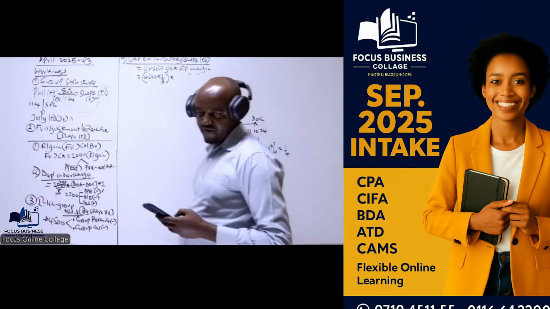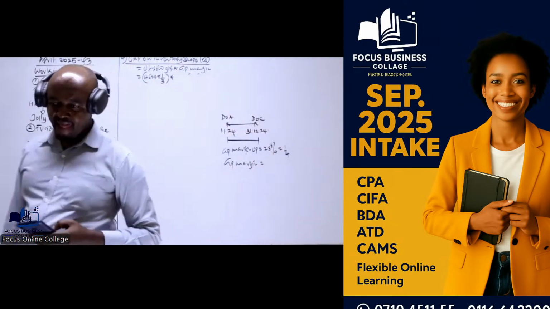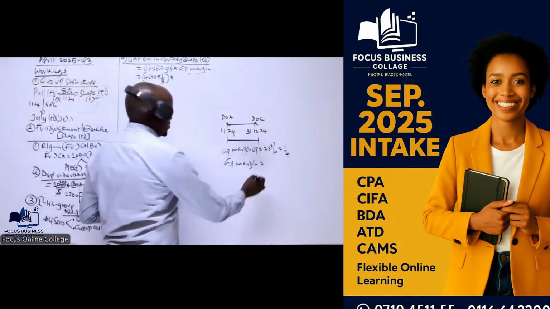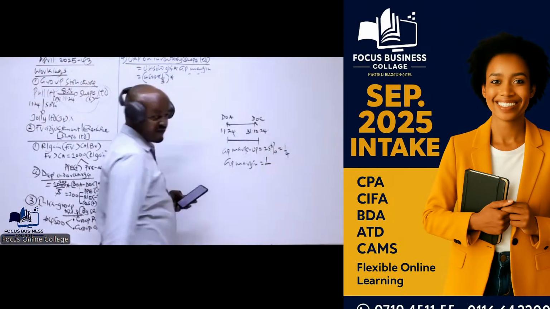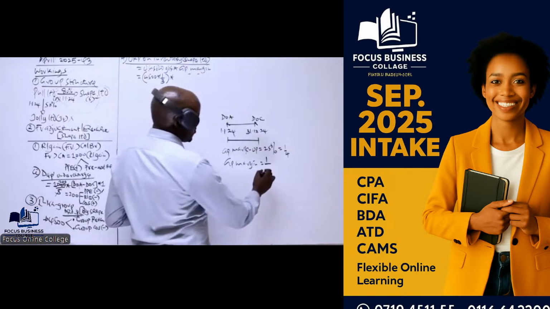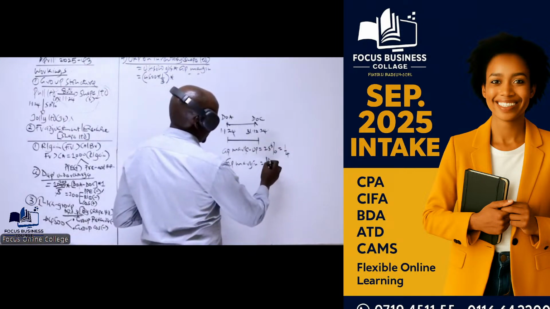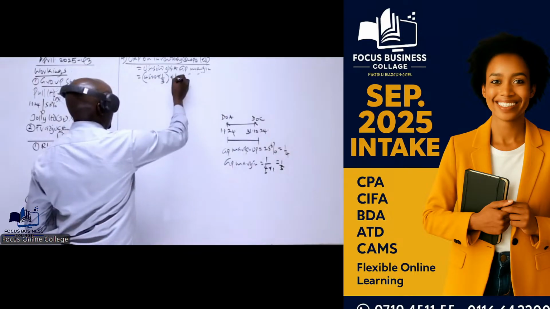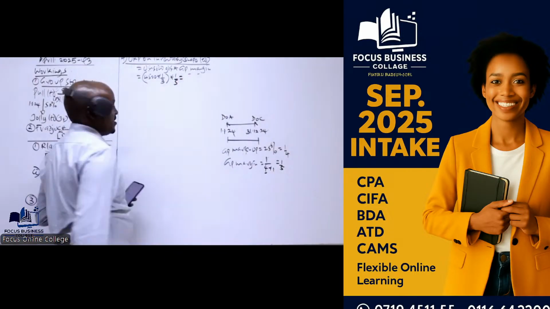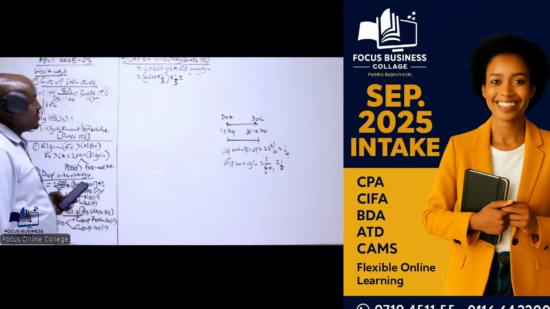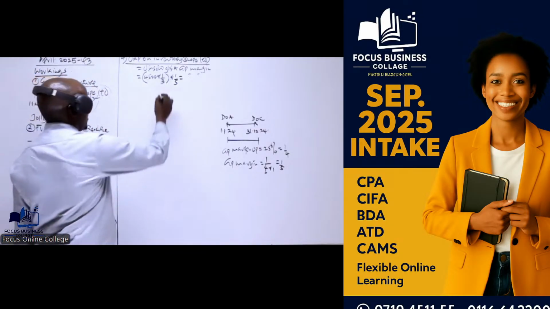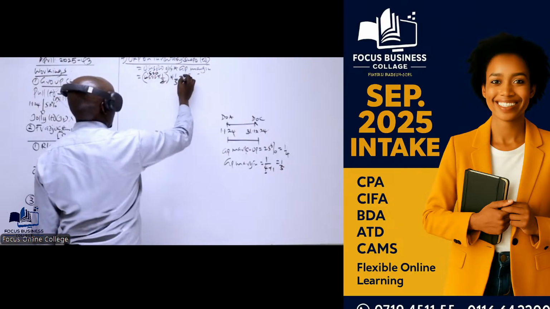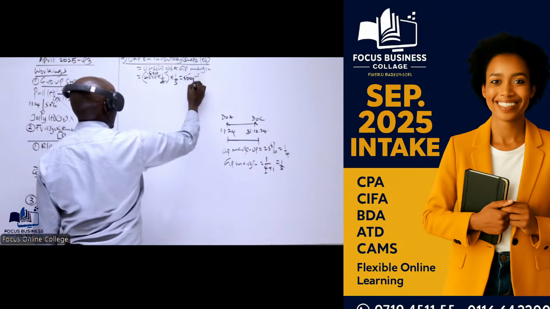The gross profit margin will be 1/5. Yes, it should be a quarter, and then to the denominator we add the numerator. So it will be 1/5. So we multiply that with 1/5. And this will give us what? This will give us 1,500 times this one, which will give us 500.